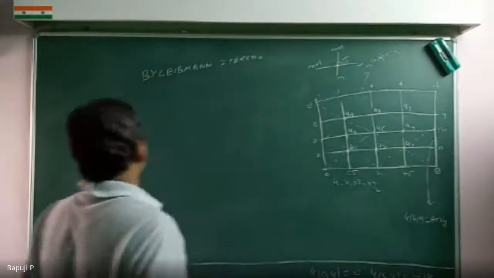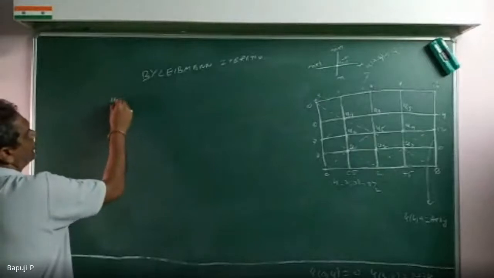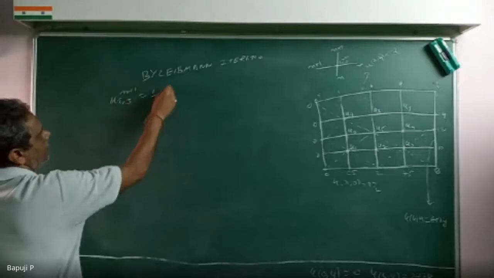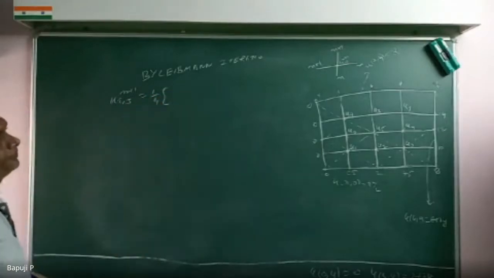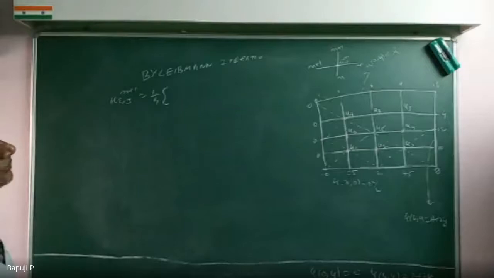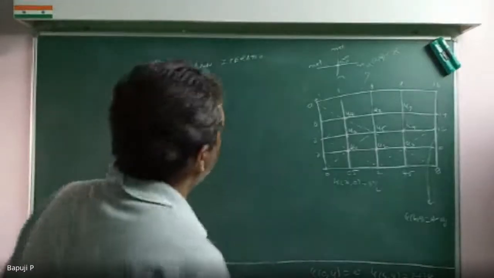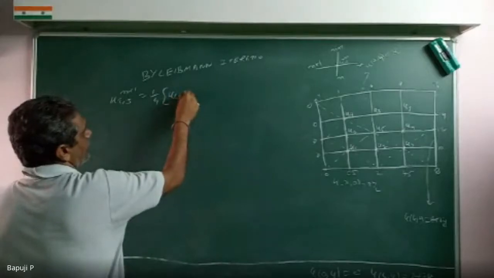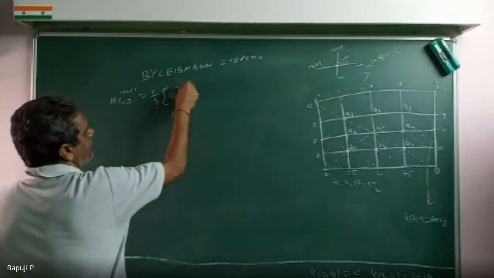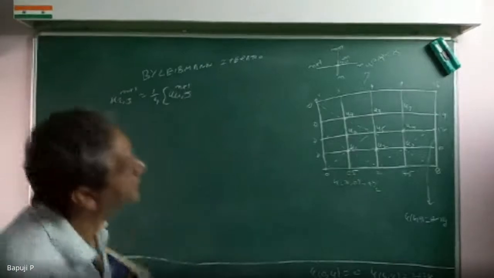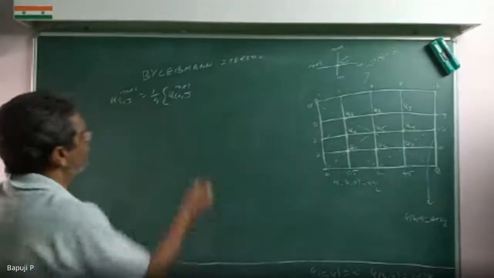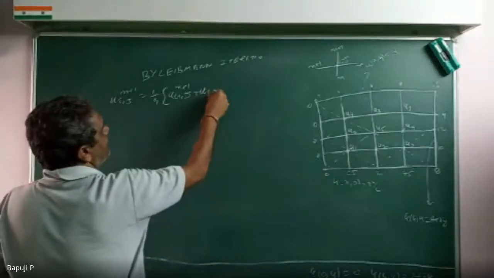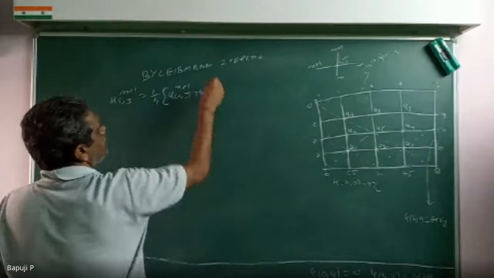Now write the formula. 1 by 4. What will I get? u i minus 1, j at n plus 1 position. Then u i, j plus 1 at n plus 1 position.